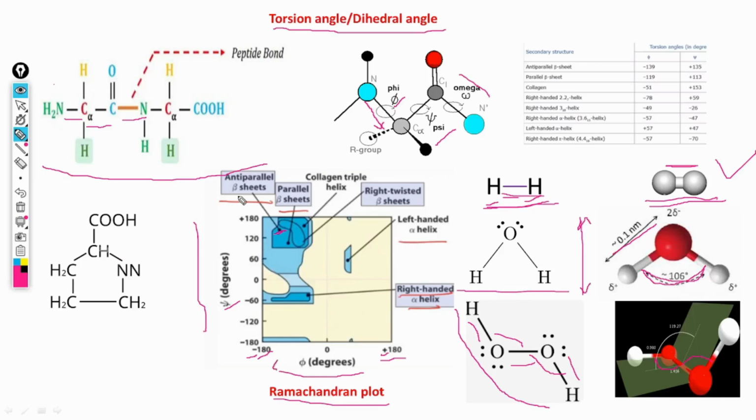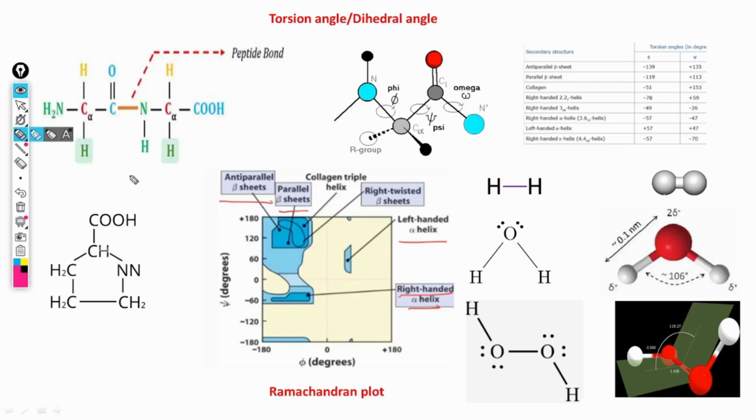For example, this anti-parallel beta sheet has exactly minus 139 phi and plus 135 psi. So different molecules have different angles of rotation, and by knowing this angle of rotation we can determine whether it is an alpha helix, an anti-parallel beta sheet, or a parallel beta sheet.